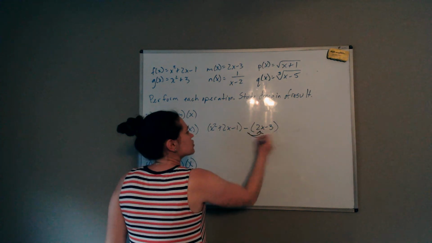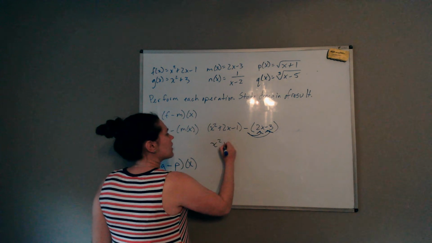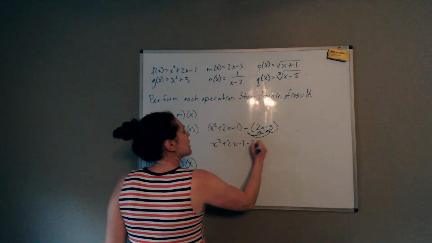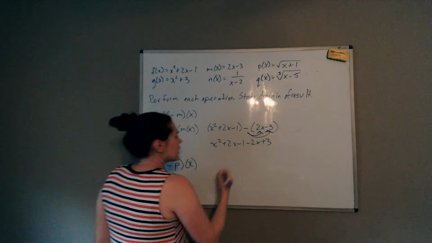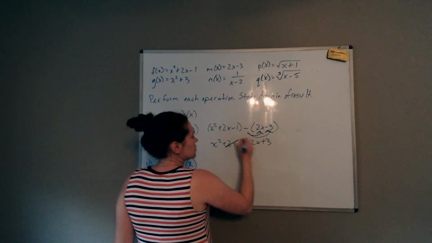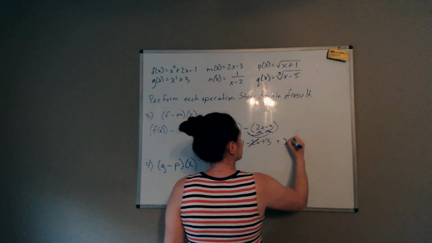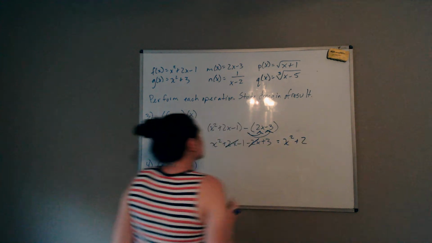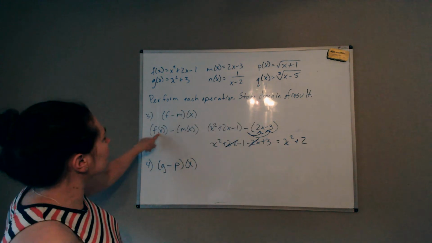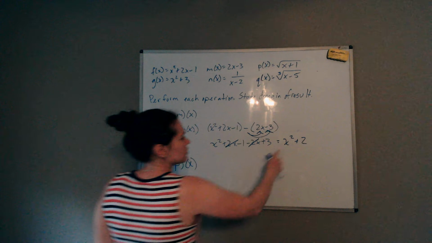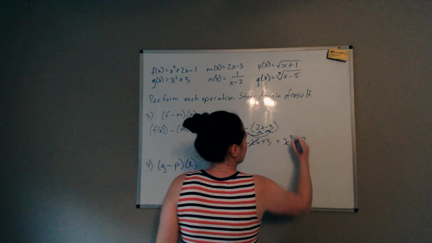M of x has 2 terms. So this is x squared plus 2x minus 1 minus 2x plus 3. Okay, it's going to be x squared. These cancel. We're going to be left with x squared plus 2. So, okay, no domain restrictions, no domain restrictions. So if we look at this, what do we see? No domain restrictions.